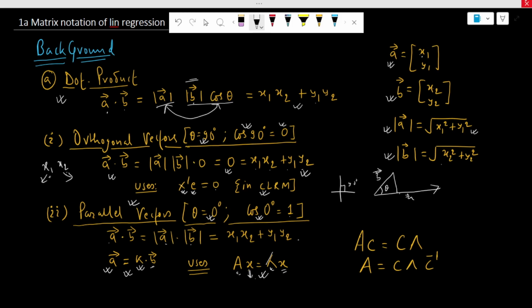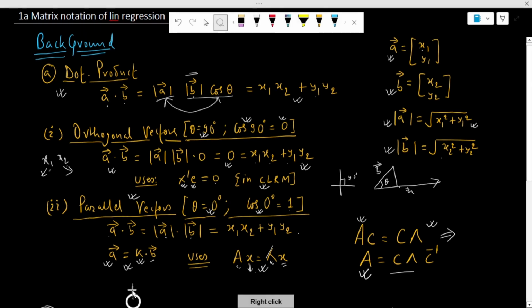The property of parallel vectors is in one way or another used in the eigen decomposition of a matrix. We have a matrix A and an eigenvector matrix C. So A is equal to C times the diagonal matrix with eigenvalues as its elements, and if we operate it properly, we get the eigenvalue decomposition of matrix A.